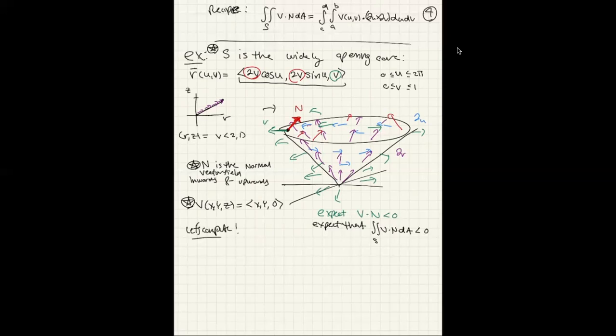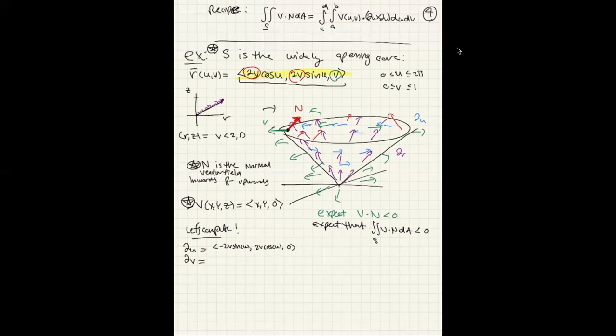Okay, so to do this, we'll actually need a formula for partial u and partial v. I get that from looking up here, and I take derivatives. If I take the u derivative, I'll get negative 2v sine of u, 2v cosine of u, and 0.